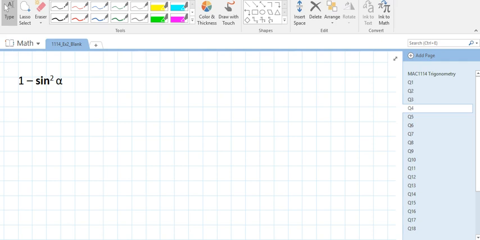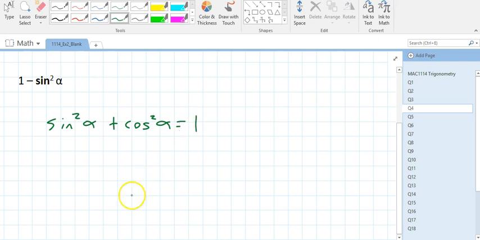There's an identity, right? We know about sine and cosine. What is our identity we know about sine and cosine? And I'm just going to keep it alpha since we have alpha here, but there's nothing wrong with using theta.